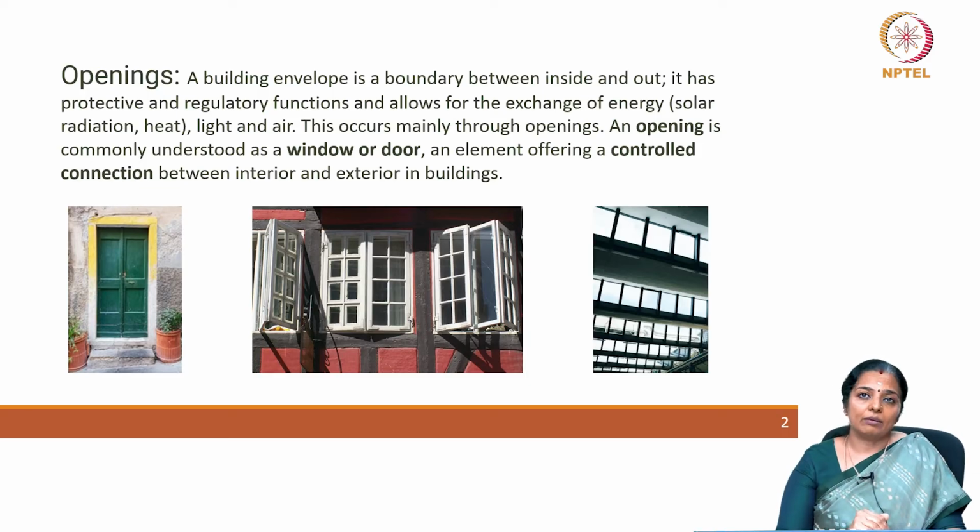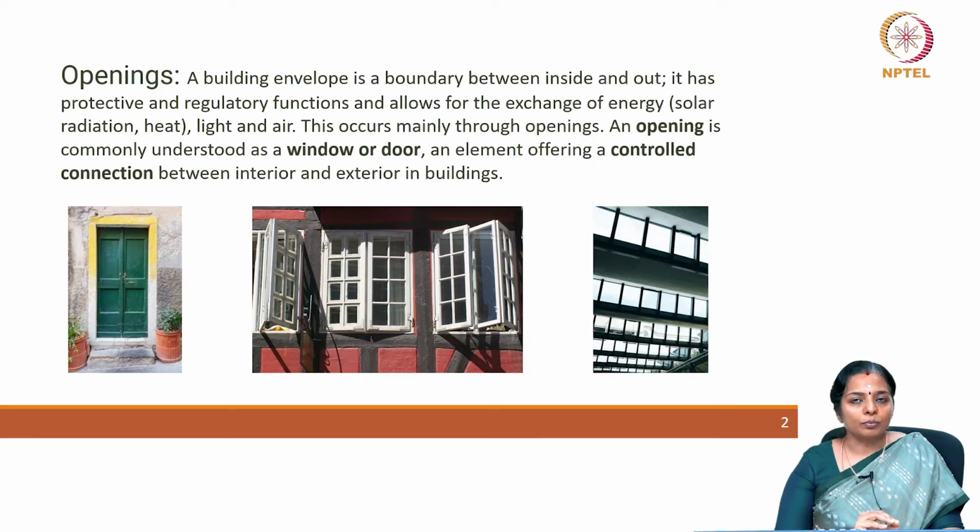At the same time, there is also a direct exchange of climatic elements or weather elements from outside to inside in the form of solar radiation and wind or breeze, as we may call it.